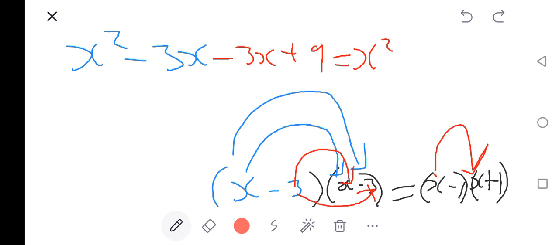Okay. So again, this times this gives you positive x. So x times 1 is not 1x, it is just x. X times 1 is x. Y times 1 is y. And then this negative 1 times x is negative x.